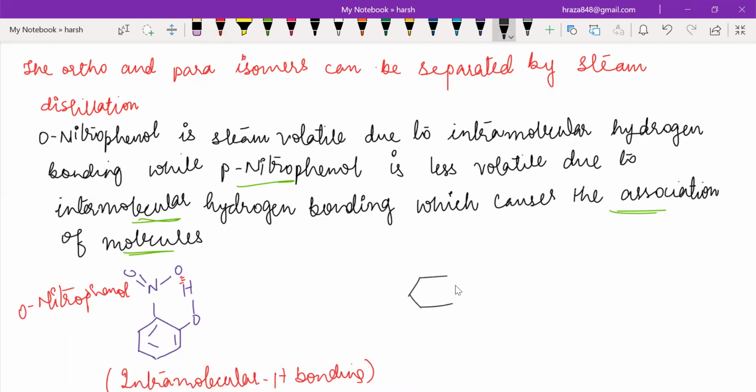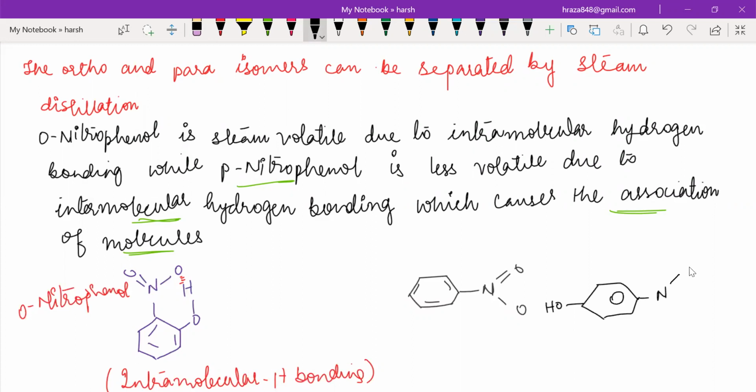But when we talk about p-nitrophenol, it will be intermolecular. That means between two different molecules. So you can see N double bond O, and then O, and then OH. And you can see this will be OH, and then again this is our benzene.